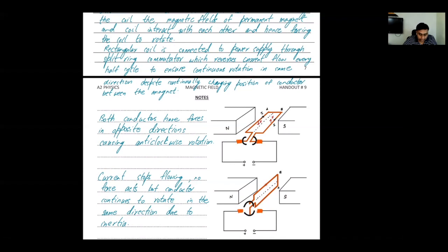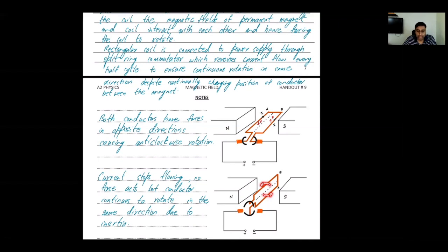There is going to be no force on conductor A and B, but they would not become static or stop moving. That's because there would still be some inertia of these conductors which will drag them to the opposite side. So as B was rotating anti-clockwise, it would continue to rotate anti-clockwise, and A would continue to rotate anti-clockwise as well, despite experiencing no force.